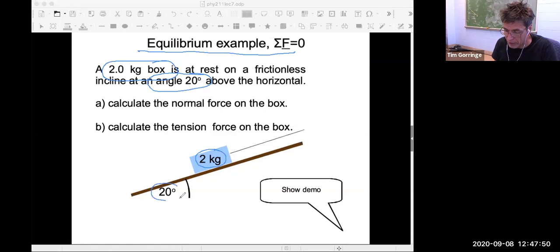Here's the 20-degree incline. And this box is supported by a combination of the normal force that's acting on the box and a tension force that's acting on the box. And so there's a string here, and there's tension in the string that's helping support the box. And then there's this contact with this surface incline here, and that's helping support the box.